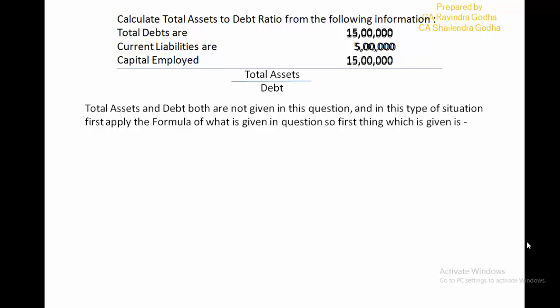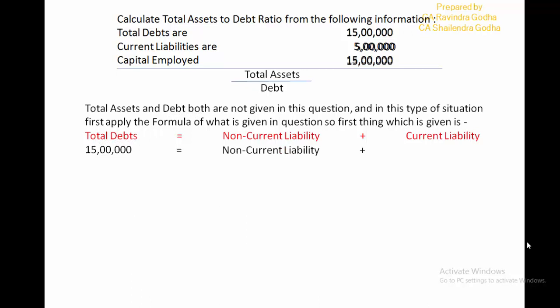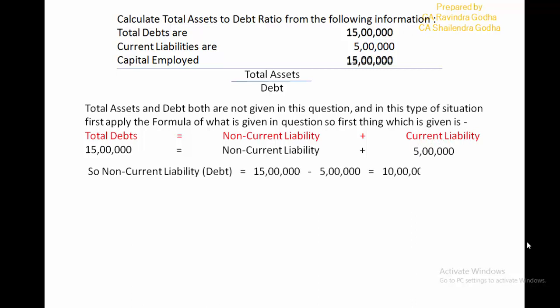The first thing given is total debts, that is non-current liabilities plus current liabilities. Total debts are 15 lakhs and current liabilities are 5 lakhs. So we can calculate non-current liabilities as 15 lakh minus 5 lakh, 10 lakh rupees.